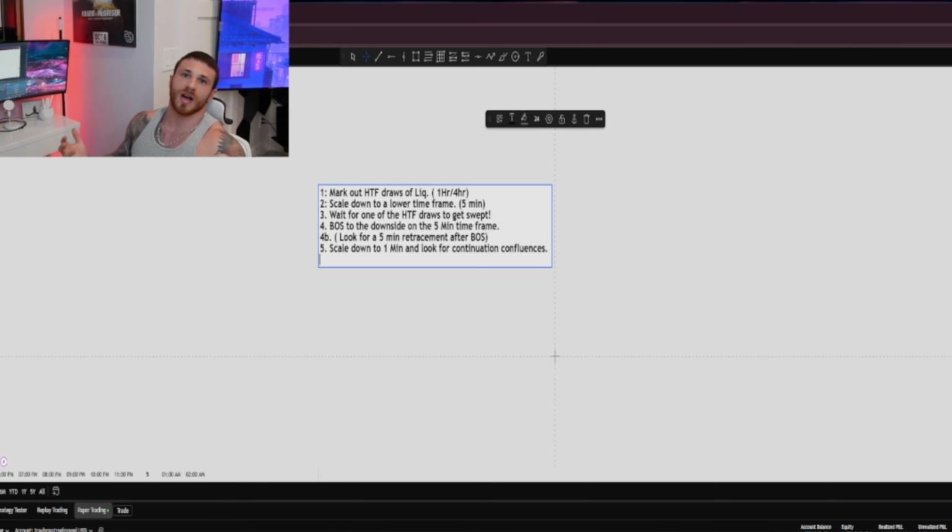What are our continuation confluences? Fair value gap, equilibrium, order block gets hit. We get a reaction off of those, price is most likely going to continue in the down direction, right? So scale down to the 1-minute time frame and look for your continuation confluences.